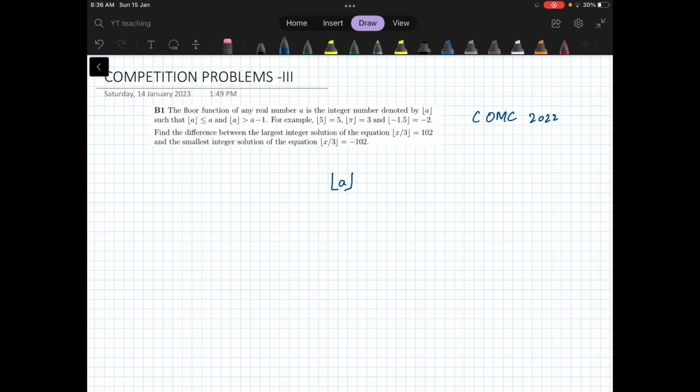If you have any number between a and a plus 1, where a is closed and a plus 1 is open, then its floor function will be a. So basically, the floor function of a number tells you the largest integer which is less than or equal to your number.